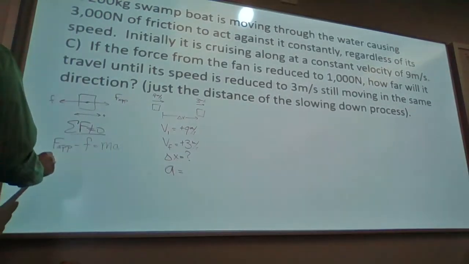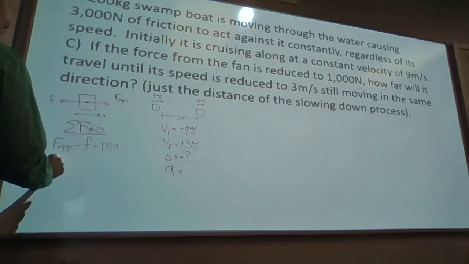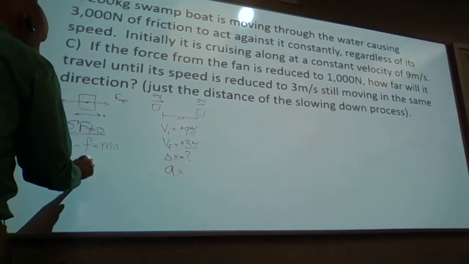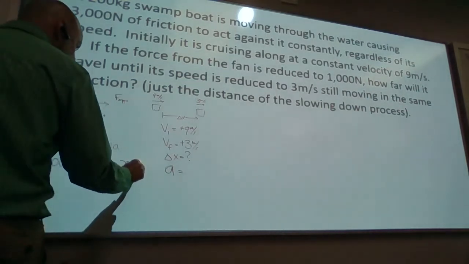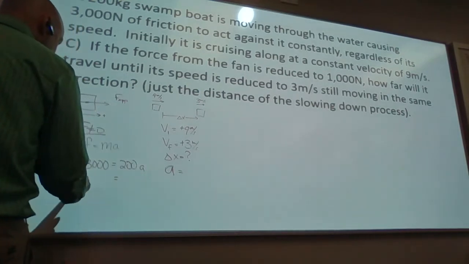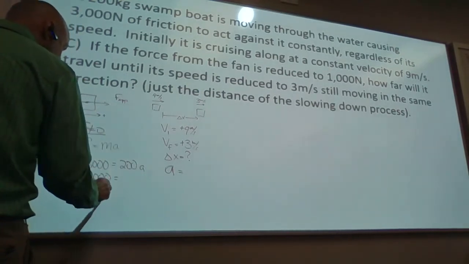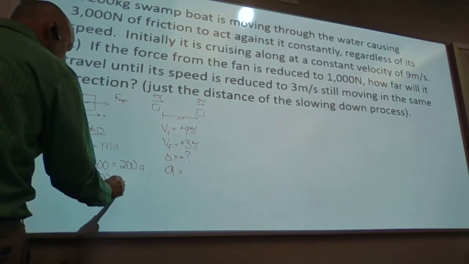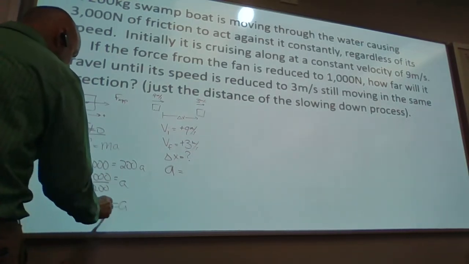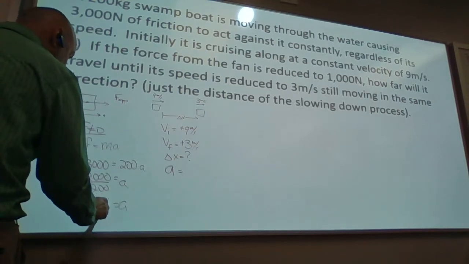Okay, so I have 1,000 minus 3,000 equals 200 times a. Negative 2,000 divided by 200 equals acceleration. Acceleration is equal to negative 10 meters per second squared.